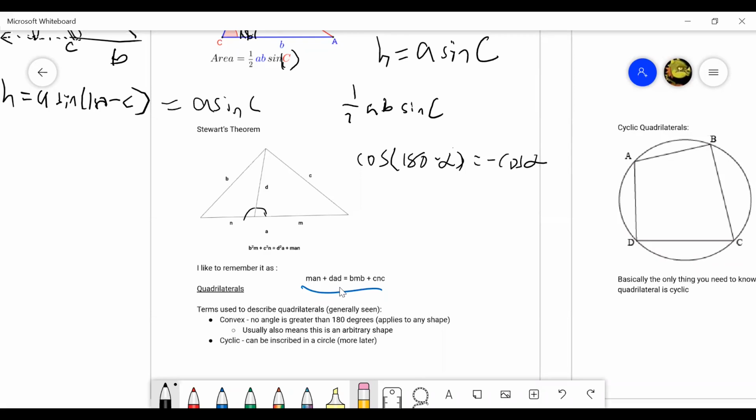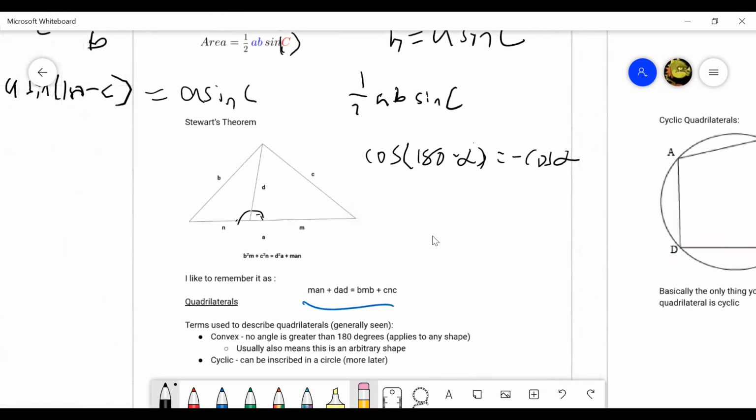So you can use the law of cosines with both of these angles, and eventually it does simplify down to Stewart's theorem. So just know that Stewart's theorem is a direct application of the law of cosines.